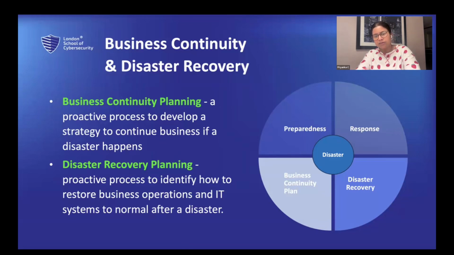And on the right here on screen, you see the four different stages of disaster recovery. So you're prepared for when a disaster happens. For example, you know that when you travel on an aeroplane, it has the exit gates, it has the life jackets, right?